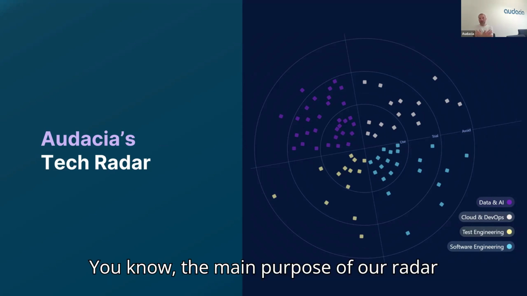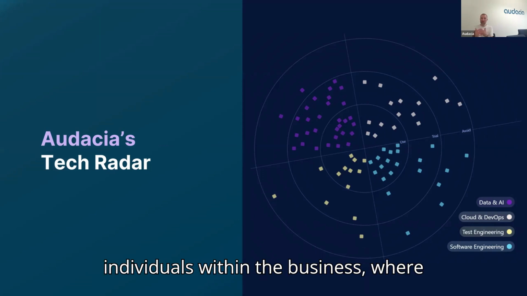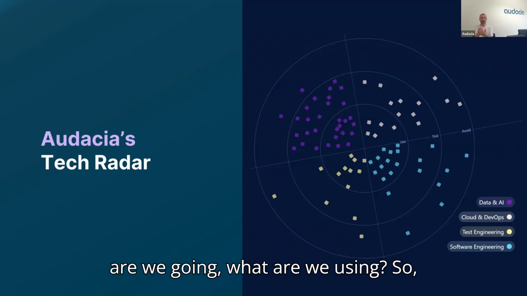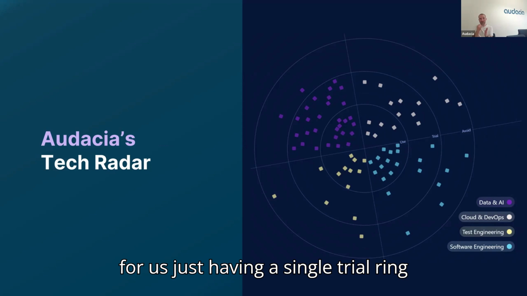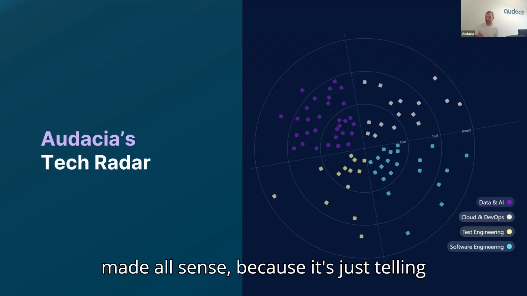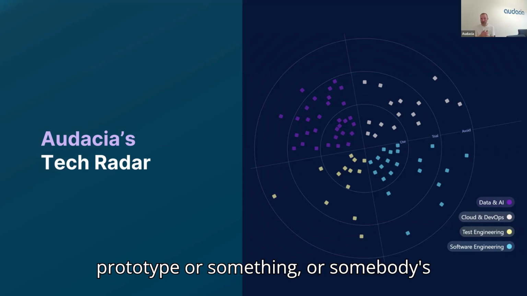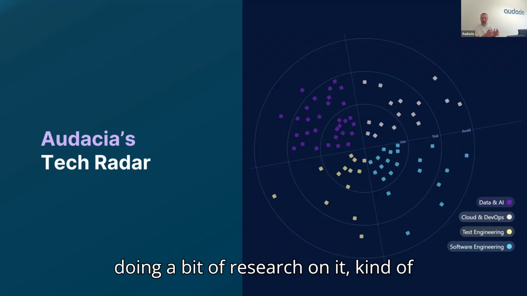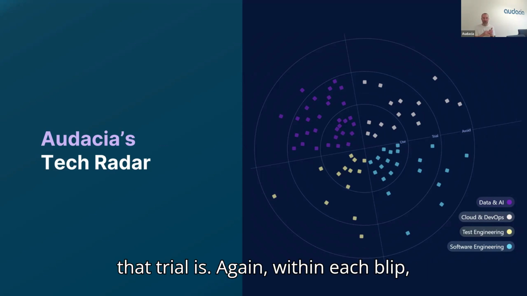The main purpose of our radar is for internal use. It's to inform individuals within the business: where are we going, what are we using. So, for us, just having a single trial ring made a lot of sense, because it's just telling people we're looking into this, we're actively running a prototype or something, or somebody's doing a bit of research on it. It doesn't really matter what the extent of that trial is.